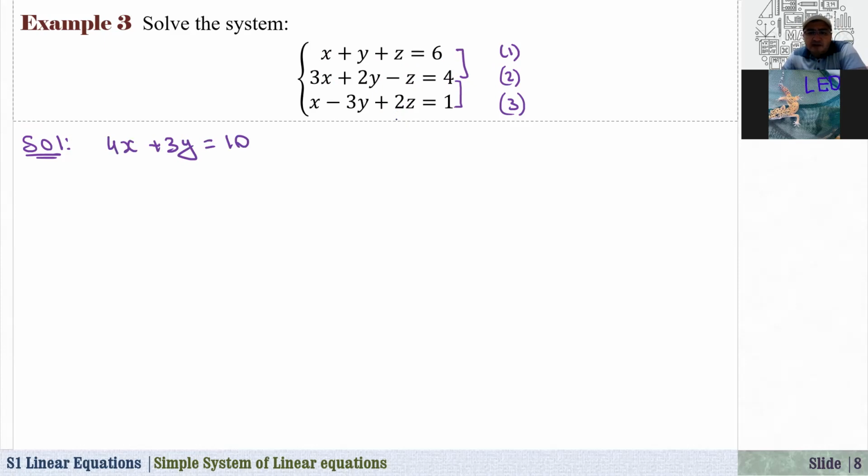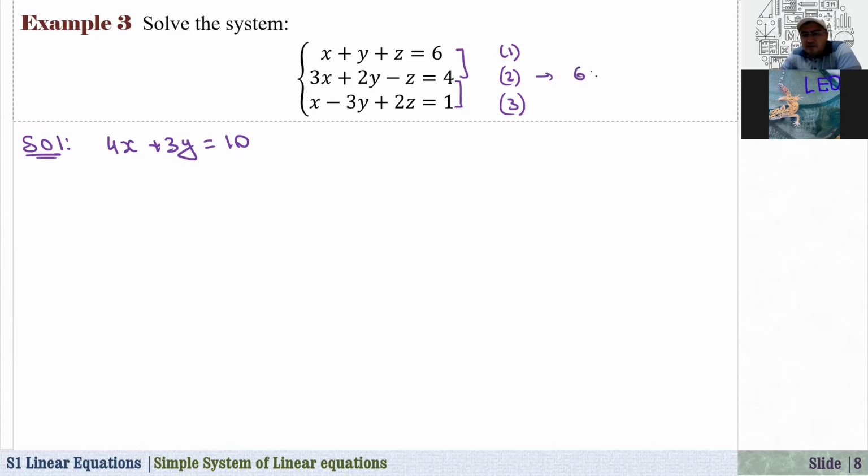And how about the second and third equations? In the third equation, the coefficient of z is 2. In the second one, it is -1. So to do this one, first, I will multiply both sides of the second equation by 2.